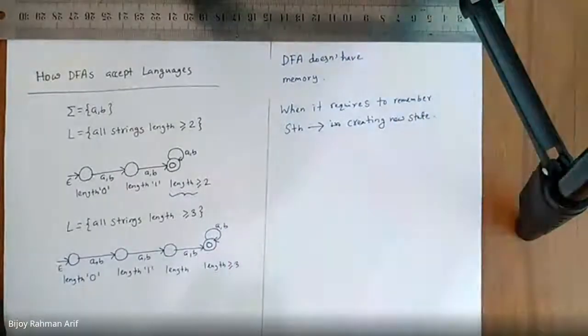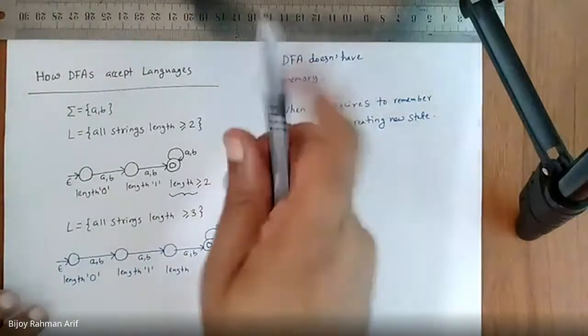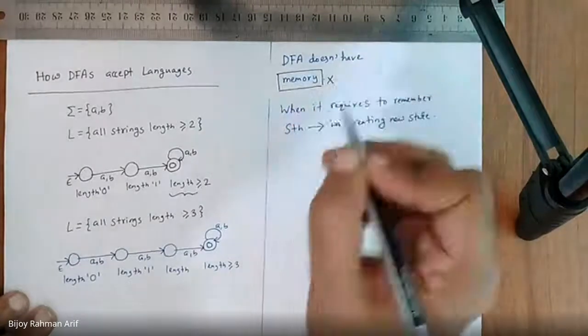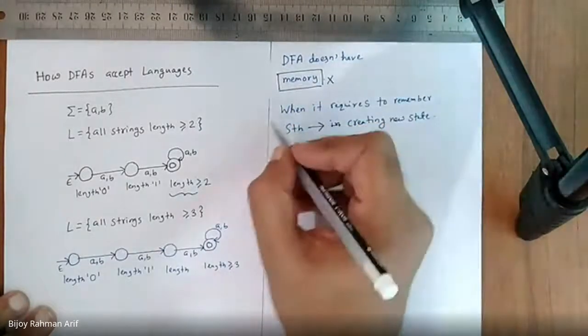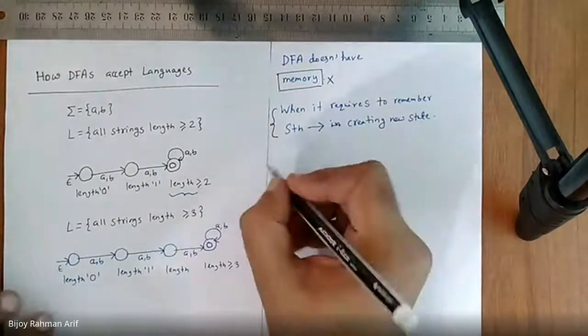But is that enough? That means it does not have any memory, fine. It does not have any external memory. Whenever it requires to remember something, it increases the state. Now, is that enough? That means can we do everything using a DFA?